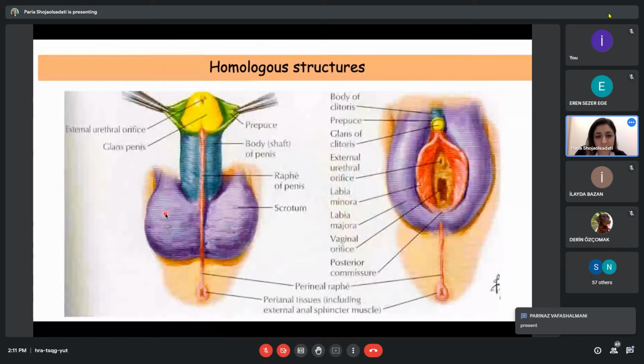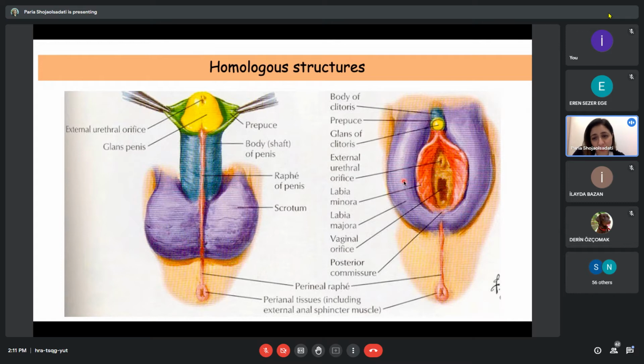You can see the homologous structures in the same color. For example, the glans penis and glans clitoris come from the same origin. The prepuce of the penis and the prepuce of the clitoris come from the same origin.